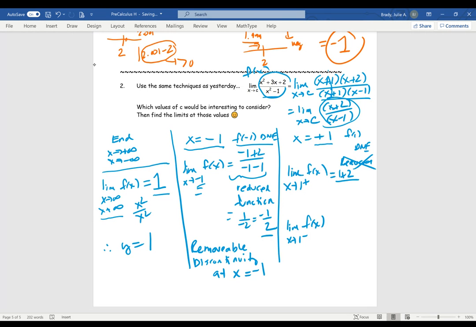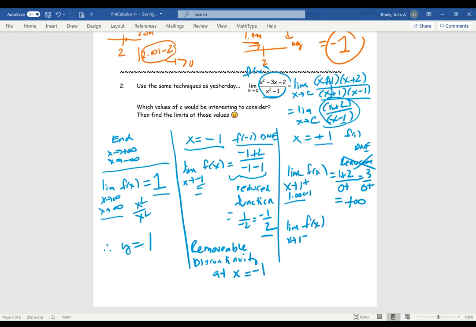If you want to make it more concrete, this is like 1.001. And if I take this number minus 1, I get a super little positive number close to 0. So that's 3 over 0 plus. That's one of our basic forms. That number is positive, so it's going to explode up.